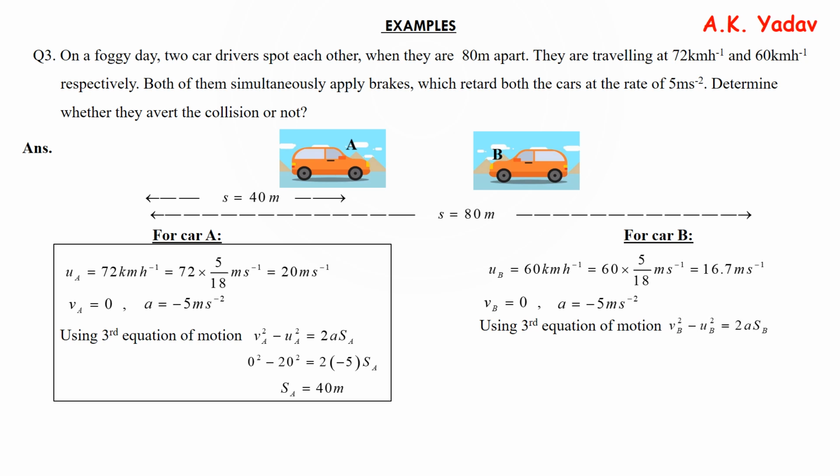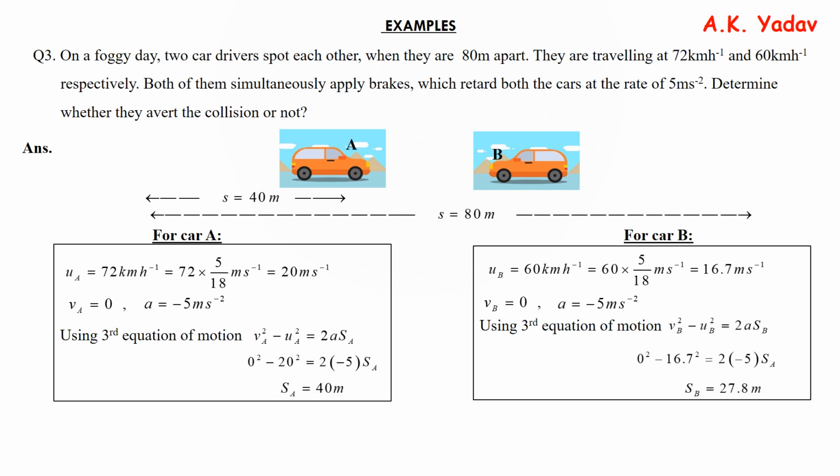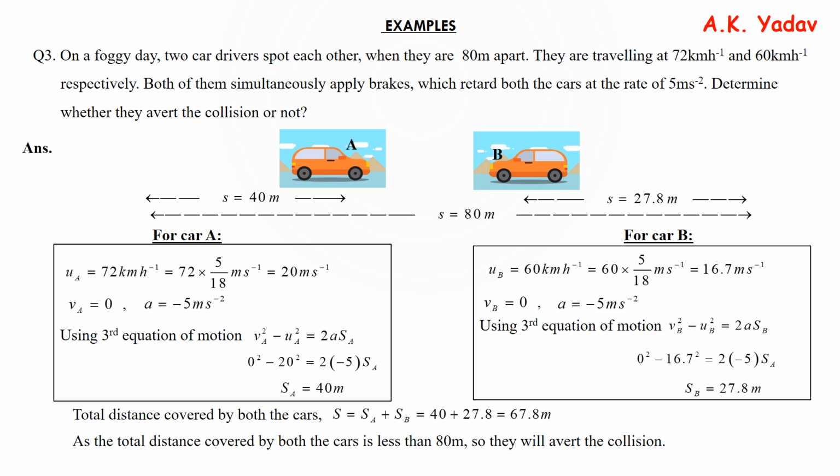We will again use the third equation of motion and put the values, and we get the distance covered by car B before coming to rest is 27.8 meters. So what is the total distance covered by the two cars? It is 40 plus 27.8, that is 67.8, and it is less than 80. That means the cars have averted the collision.